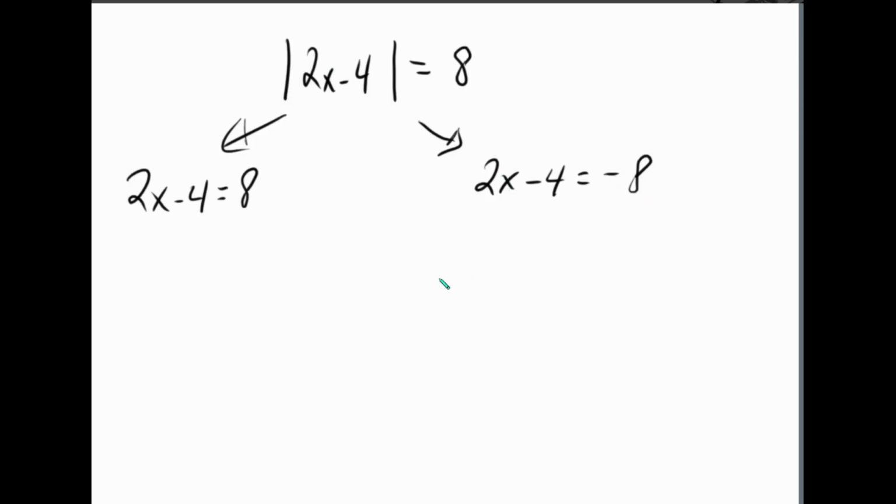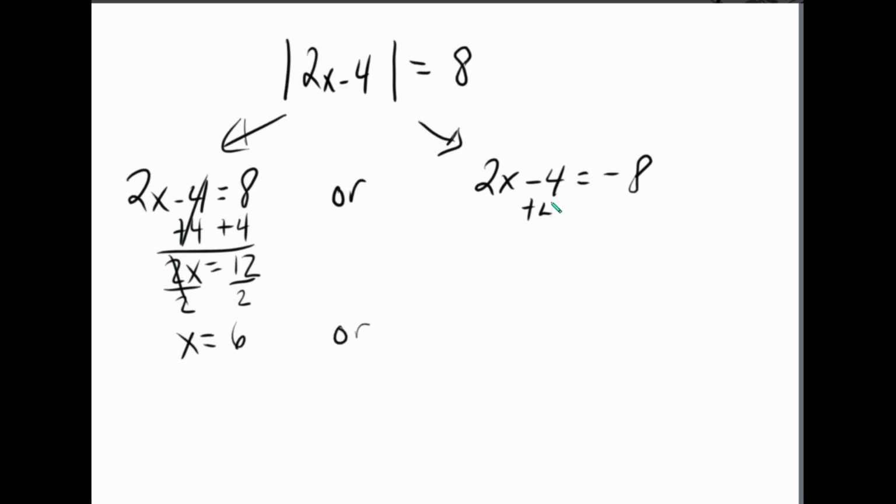Now I'm going to solve these two different equations. Between these two equations, I will get two different solutions. Let me solve the equation on the left. I'm going to add 4 to both sides. So 2x equals 12. Divide by 2. So x could equal 6, or let's try our next one.